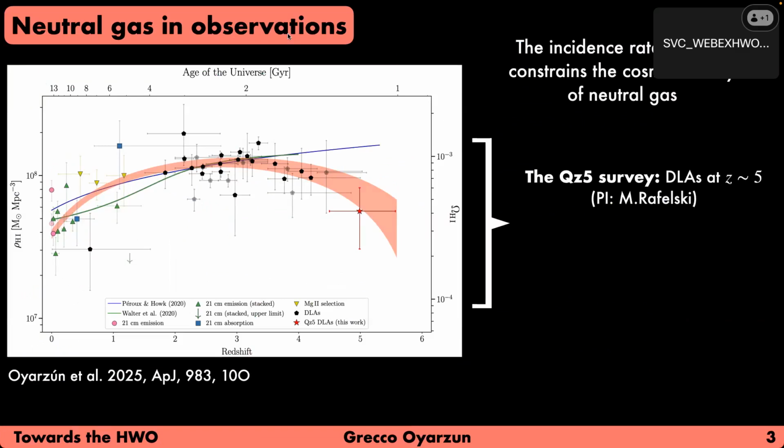Okay, so what you see here is what we understood about how the neutral gas evolved with redshift before our survey. So we understood it to keep going up with the redshift, right? The distinction one needs to make is that we're looking at the high column density gas for the most part, because we're looking at DLAs. So this is the gas associated with galaxies.